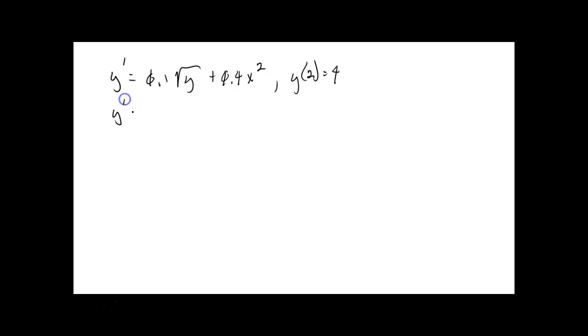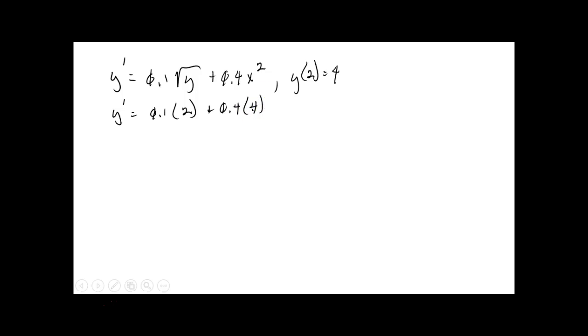So y prime would then be, and this is what we did last time, but just for reviewing it now, 0.1 times the square root of y, which is your 4, so that's times 2, plus 0.4 times x squared. Well, x is 2, x squared then would be 4.